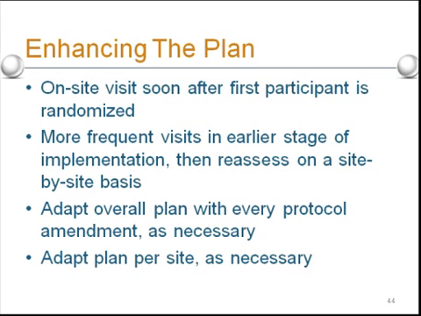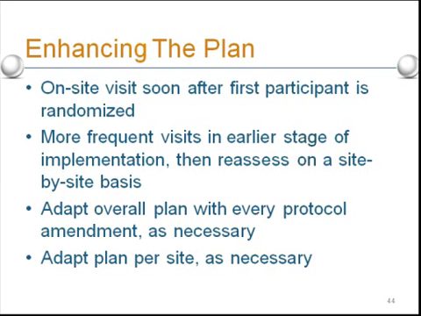Looking back now, we've learned that we need to hit the sites fast and hard to begin with, to make sure these processes are being implemented in the way that was intended for the trial. We concluded that probably more frequent visits in the earlier stages of implementation, and then reassessing on a site-by-site basis, is better than applying a single frequency model.